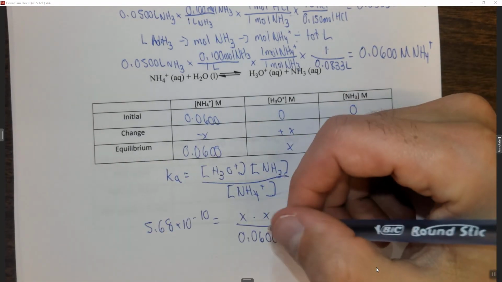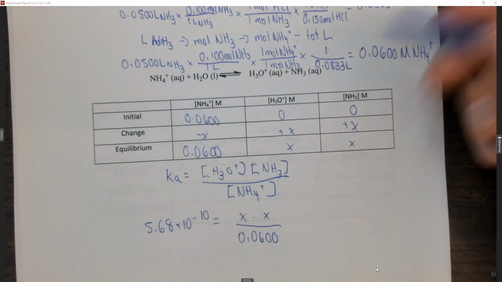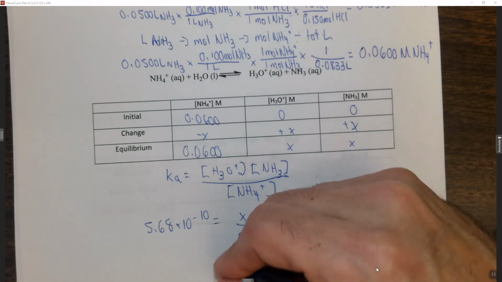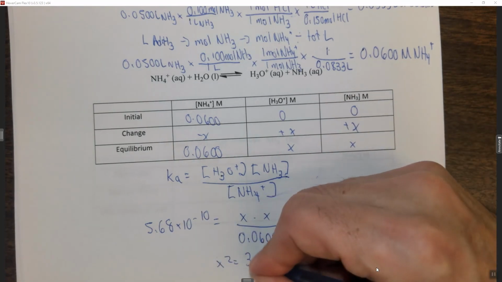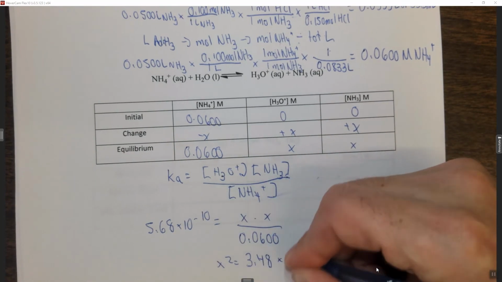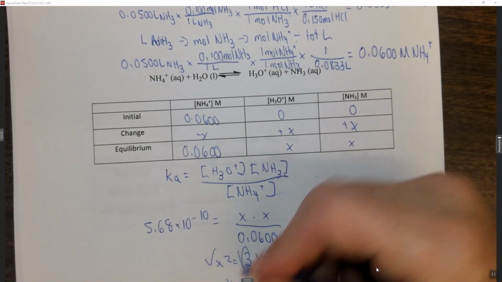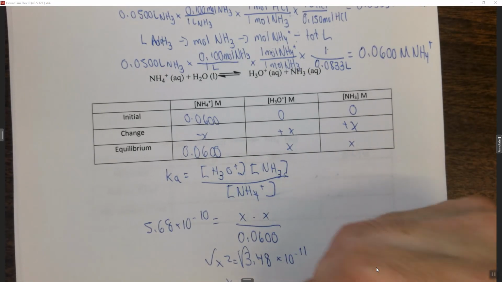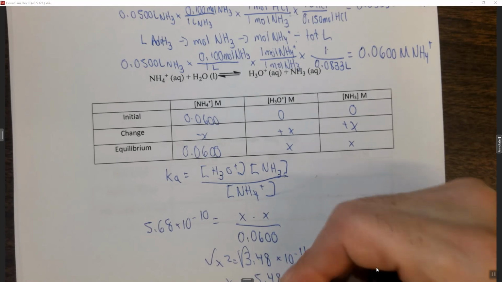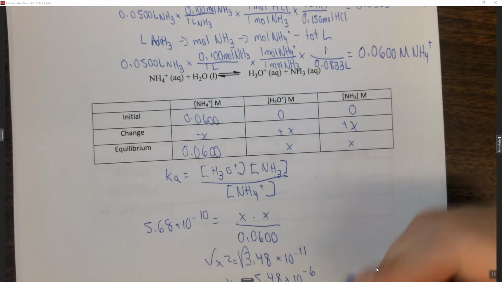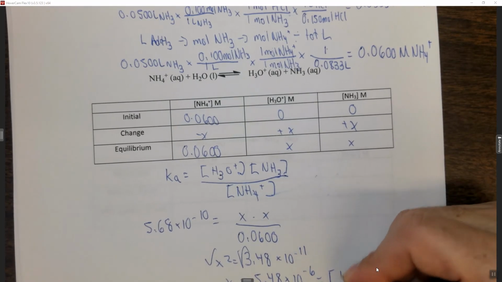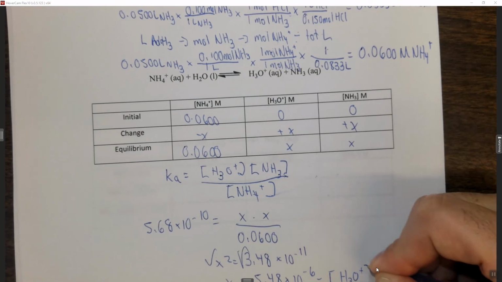Cross multiply, or multiply both sides by 0.06, either way you want to look at it, and you get x squared equals 3.48 times 10 to the minus 11. Take the square root, and you find that x is equal to 5.48 times 10 to the minus 6. But what is this? This is the concentration of H3O plus.